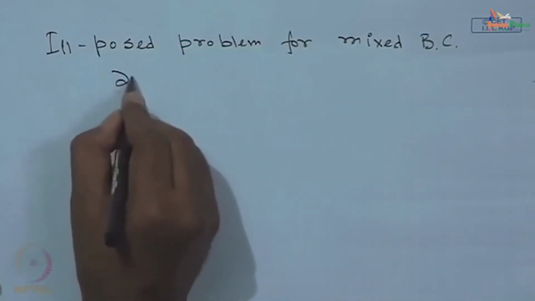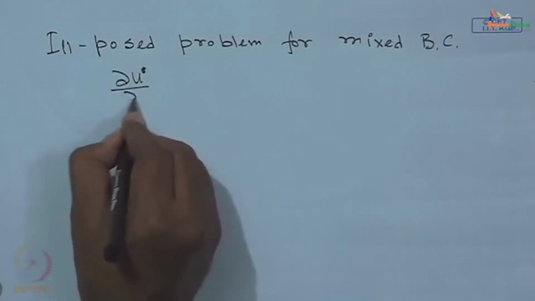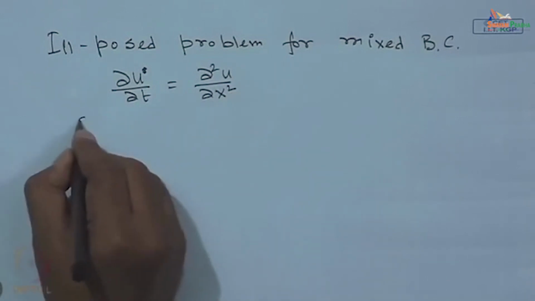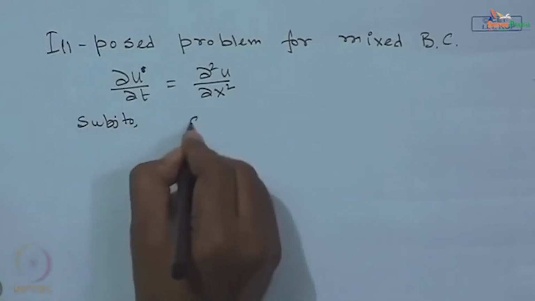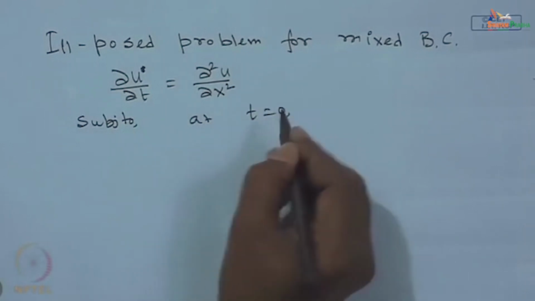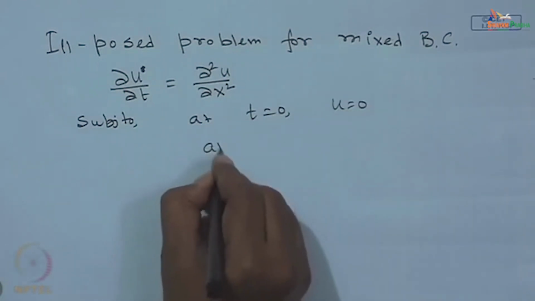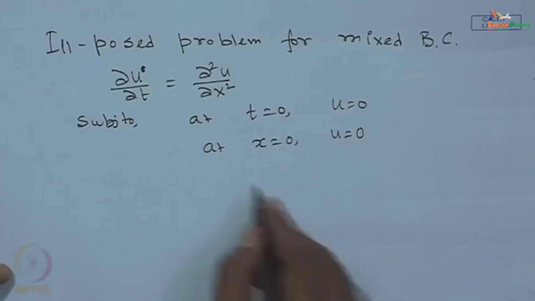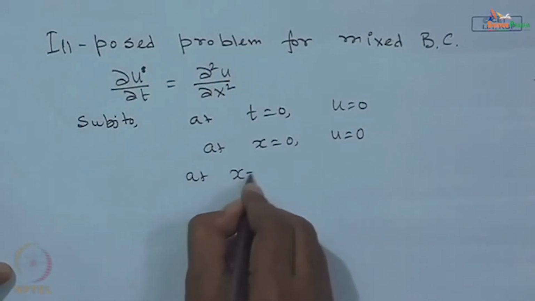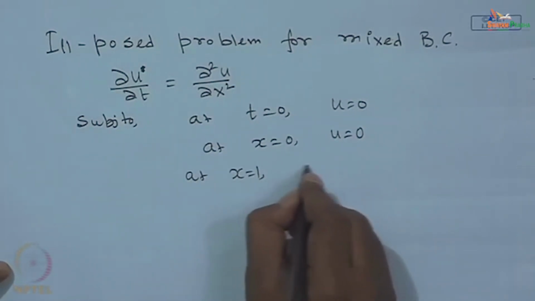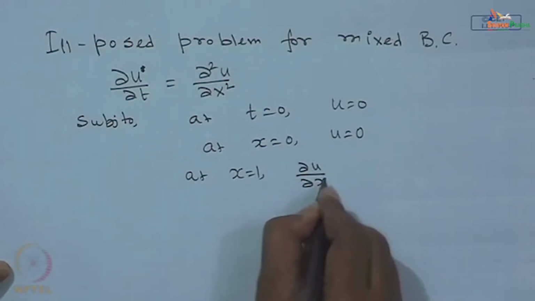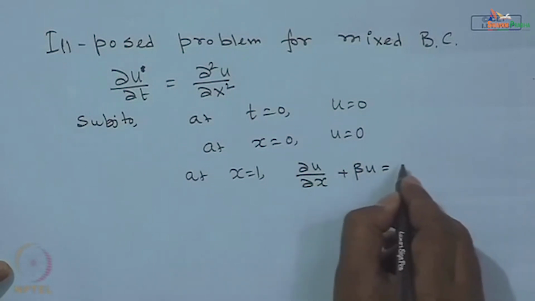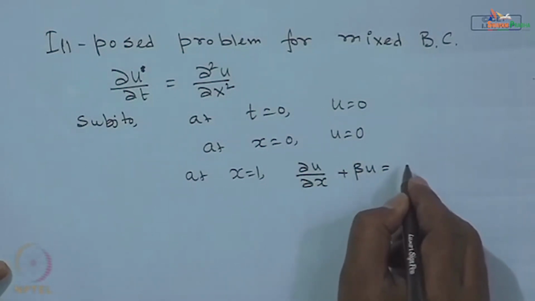So, this will be del u del t is equal to del square u del x square, subject to: at t is equal to 0, u is equal to 0; at x is equal to 0, let us have a Dirichlet boundary condition there, u is equal to 0; and at x is equal to 1, we have, let us say, del u del x plus beta u is equal to some constant, let us say p.